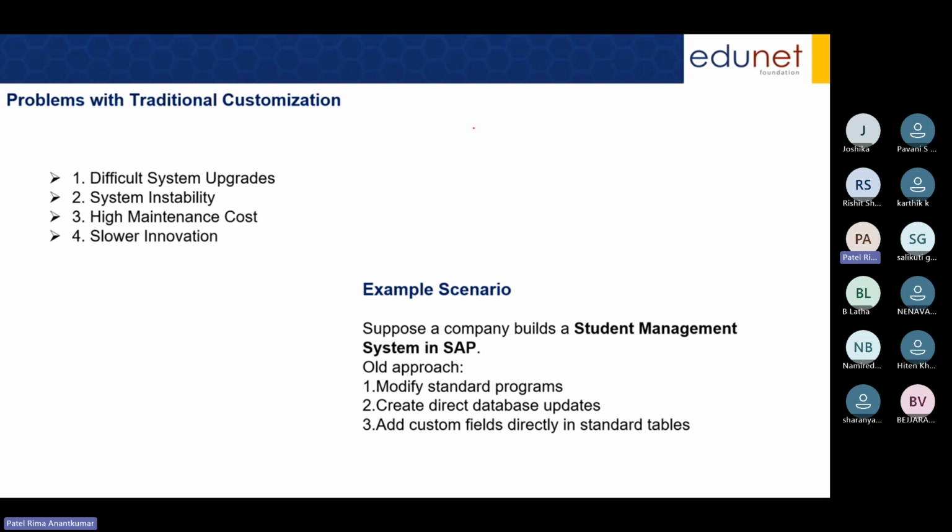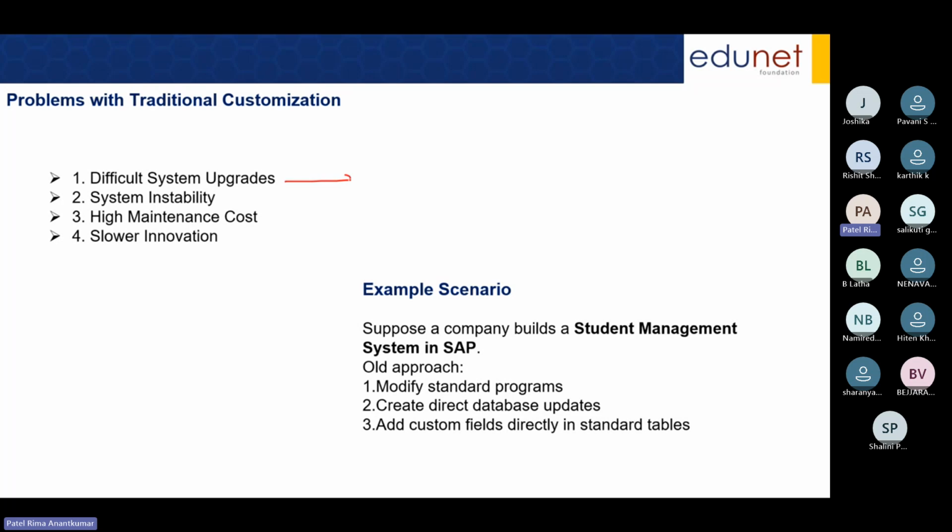The problems with traditional customization were difficult system upgrades, system instability, high maintenance cost, as I told you, and slower innovation. Innovation was there, but slower. System upgrades were there, but they were difficult. There was uncertainty in responding to the modifications that we were doing.